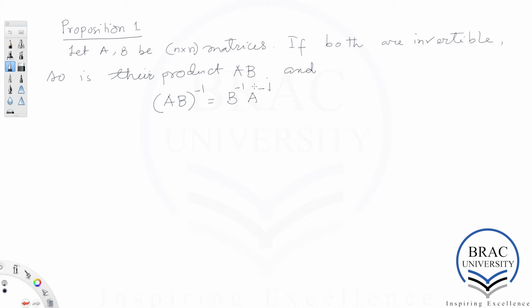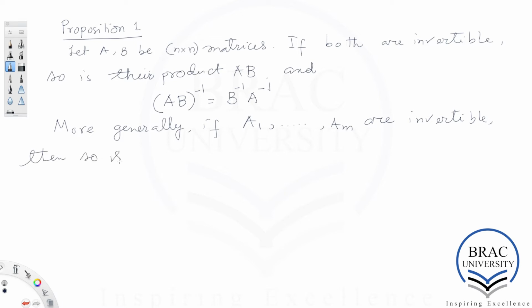Okay. More generally, if A1 all the way up to Am are invertible, then so is the product A1 times all the way up to Am, and its inverse is Am inverse all the way up to A1 inverse.